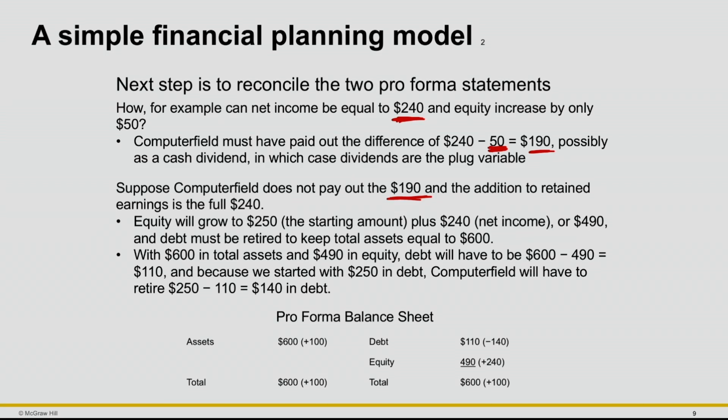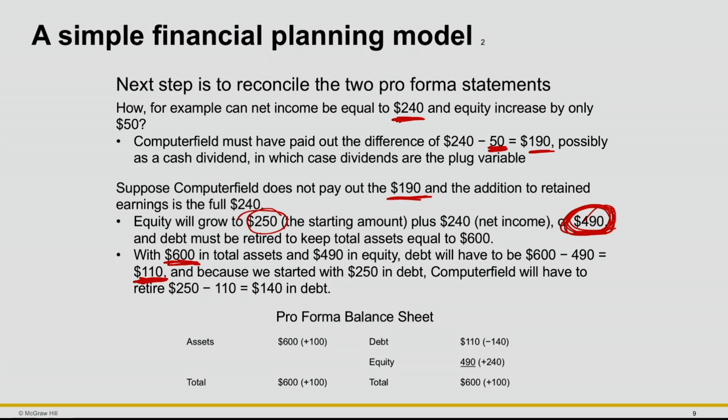So equity will grow from 250 all the way up to 490,000. If we have 490 in the equity account and we have a total of 600,000 in assets, we're only going to need 110,000 in debt.